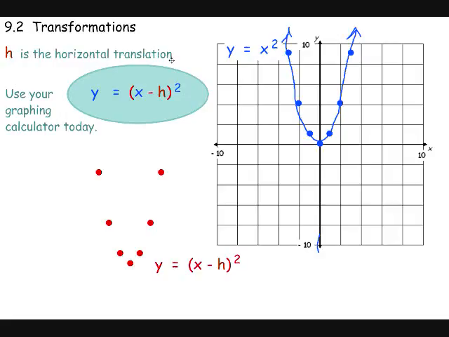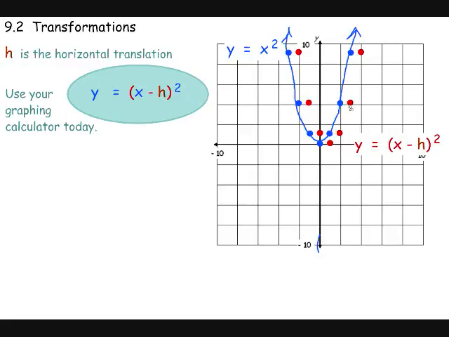Now, we're going to deal with a horizontal translation. So let's start first with this in the place of the parent graph. What is h in this case? H is referring to my horizontal movement. So if it were at this location, what would you say h is equal to? 0.